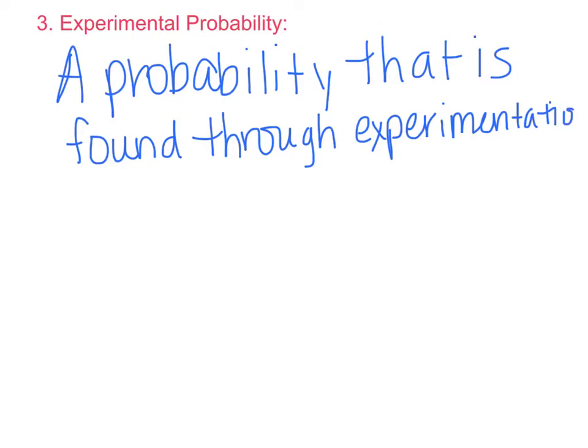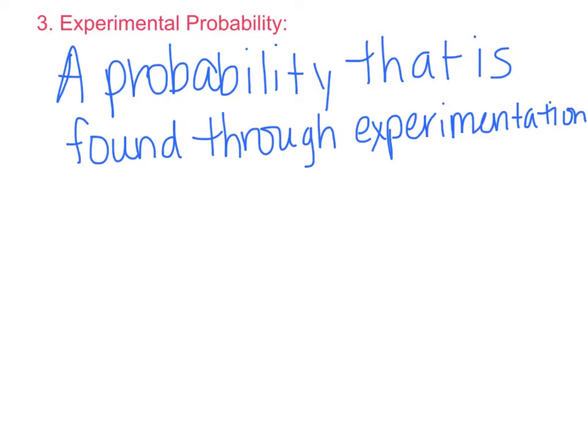So this means you're actually going to perform this probability. So you're not going to assume or analyze, you're going to actually physically do it. So if it says, how many times if you roll a dice will this happen? You're going to roll the dice that many times instead of just assuming what could happen.